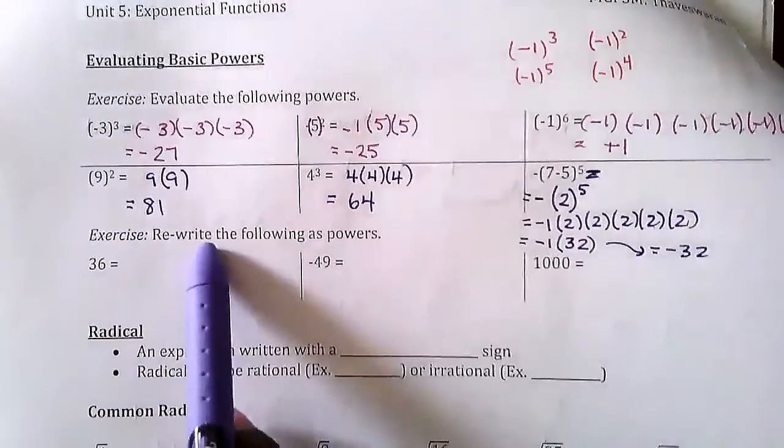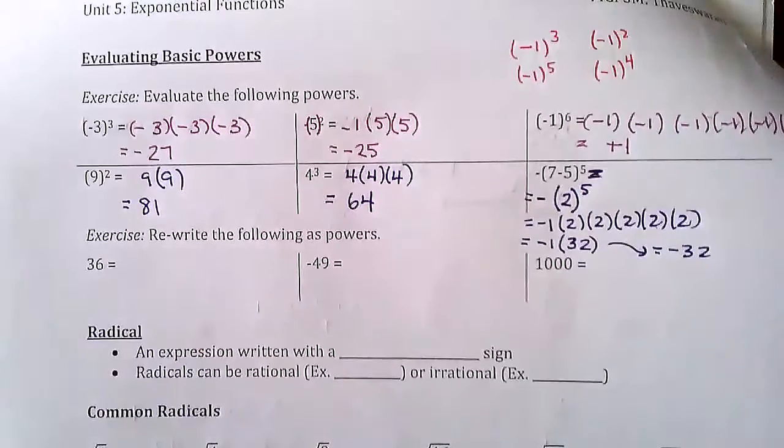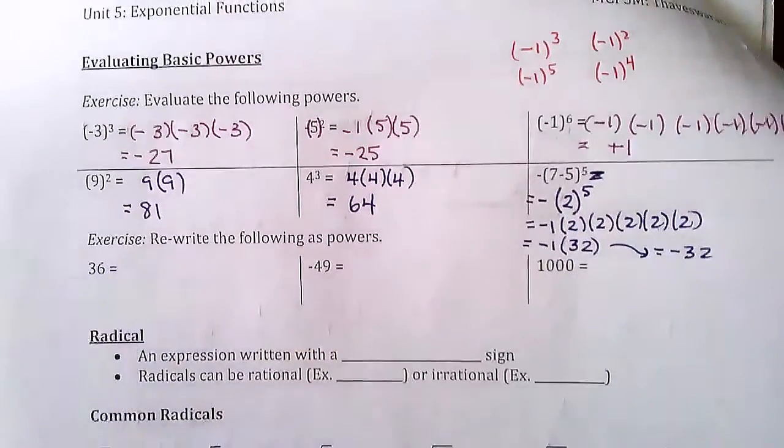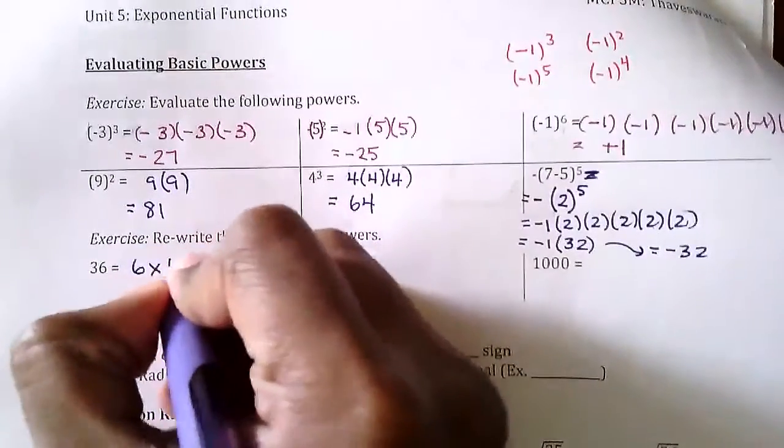The last exercise is rewrite the following as powers. So 36, again, this isn't something that's intuitive if you don't know your multiplication tables. What you should know is 6 times 6 is 36.